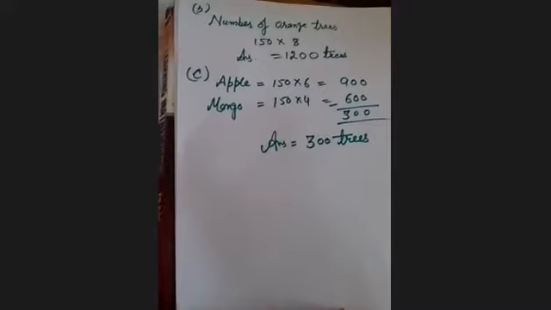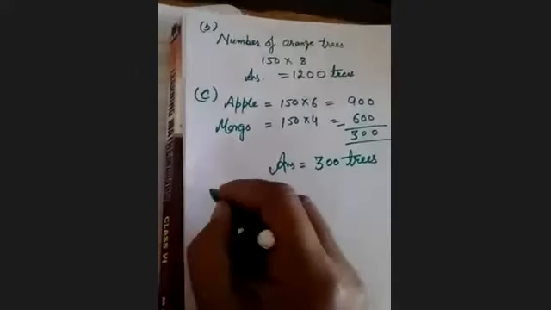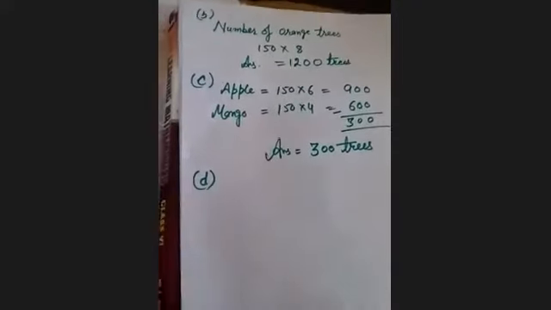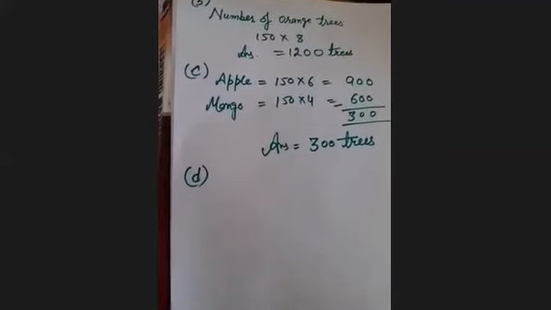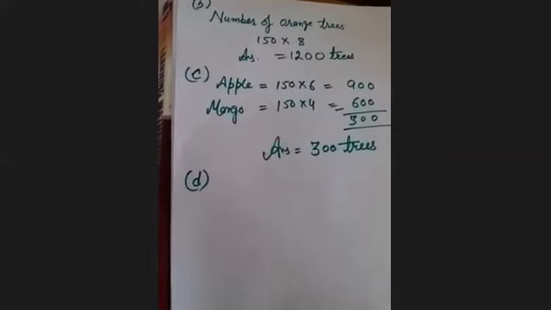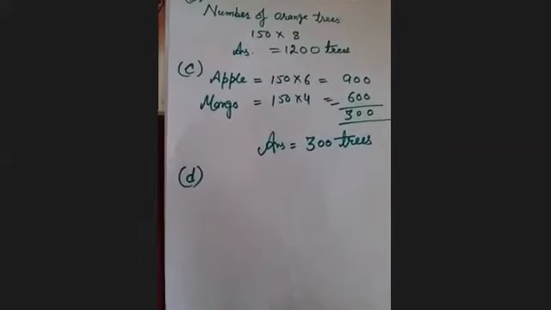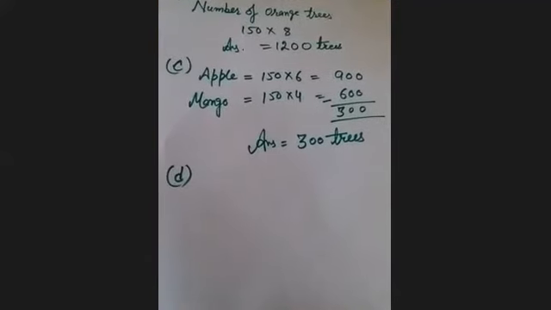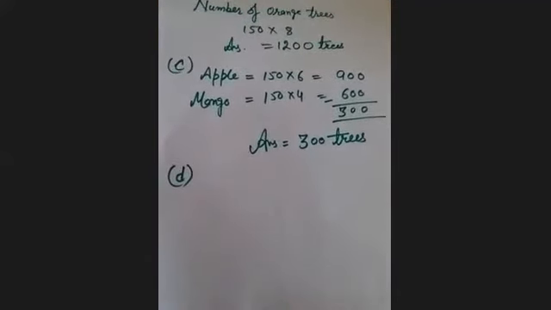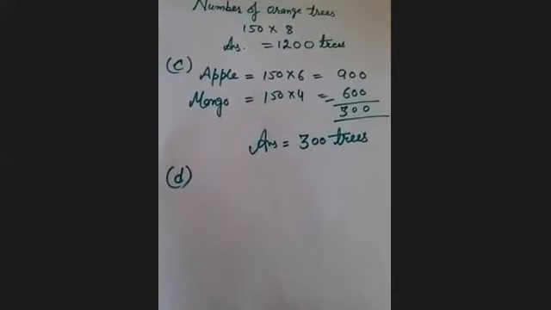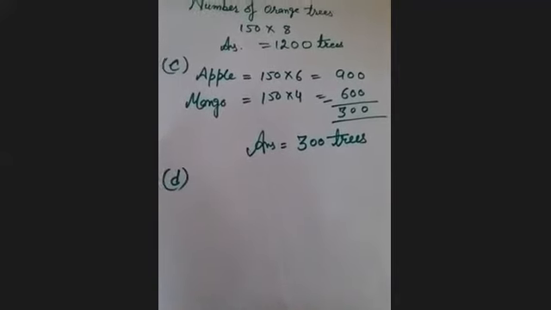Yes, friends. Now last part, D. The number of which two types of trees together is equal to the number of guava trees in this garden?